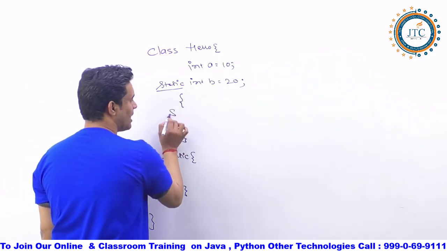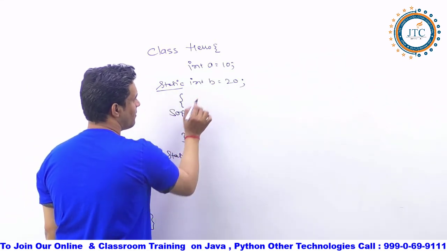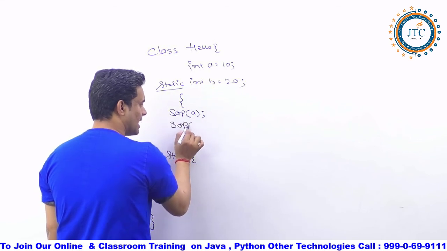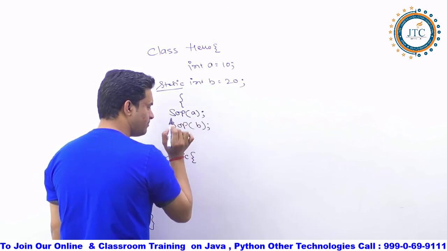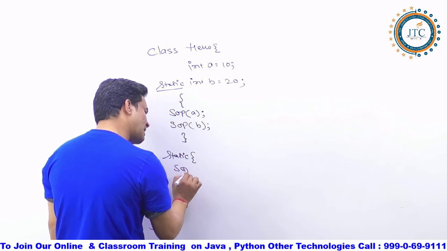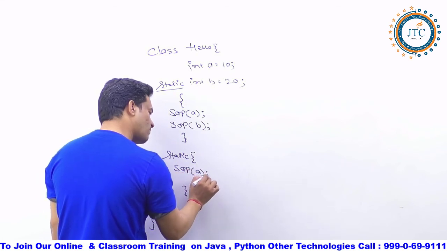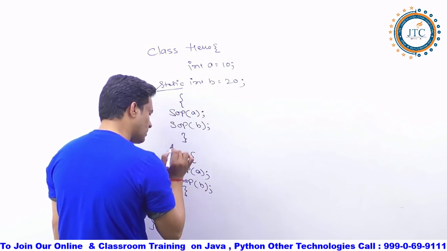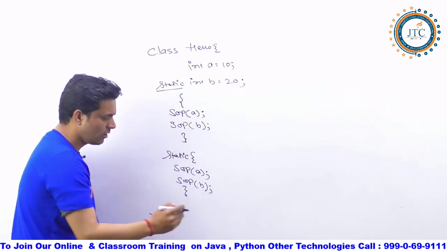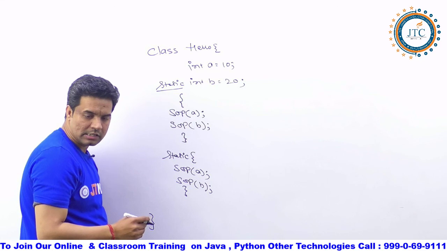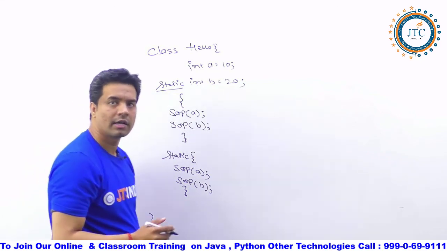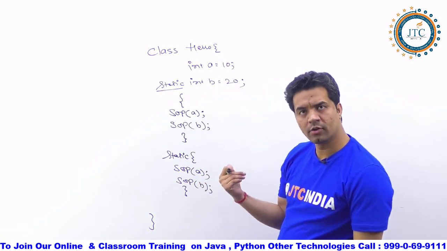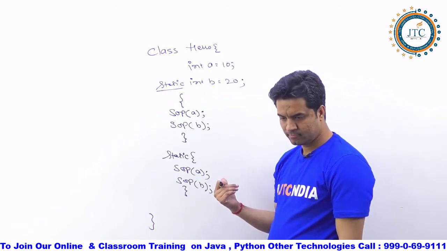Now if I want to access System.out.println of a and println of b inside this, can you tell me whether we can access it or not? Can you tell me the output you are going to get in these cases?